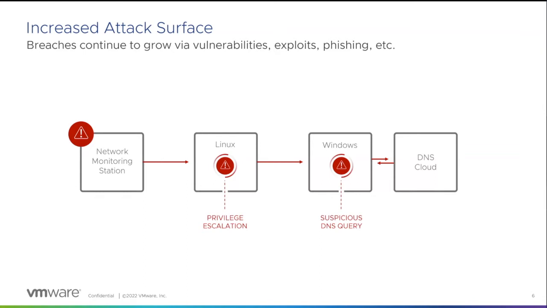If they're able to establish a DNS connection outbound, this can potentially allow them to set up a command and control session and ultimately gain persistence. So as we're seeing environments becoming more and more complex, more difficult to defend, there are more opportunities for attackers to gain a foothold such as this.